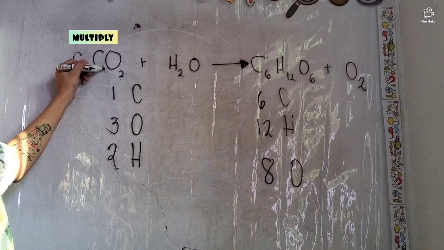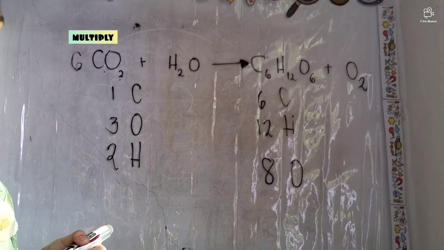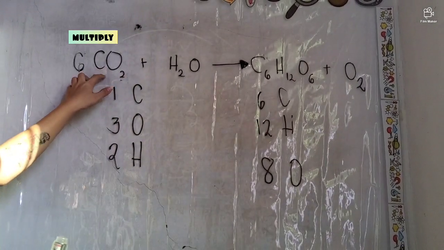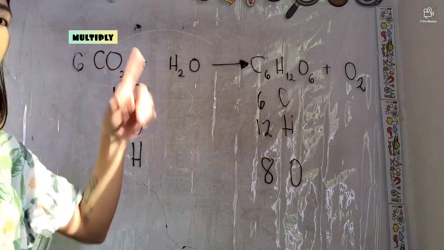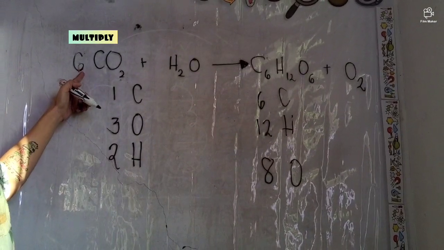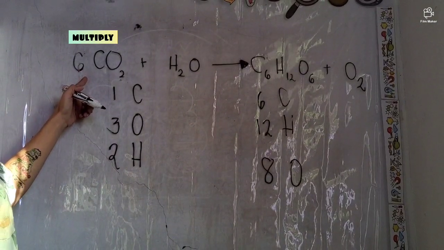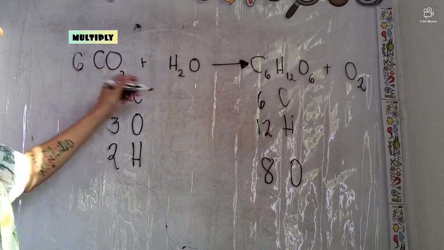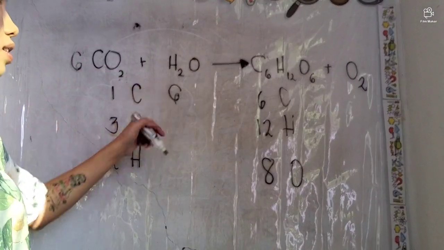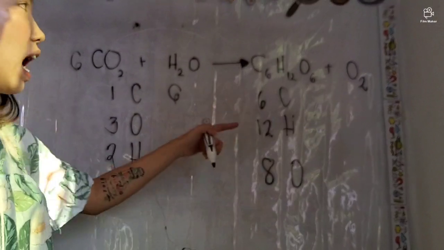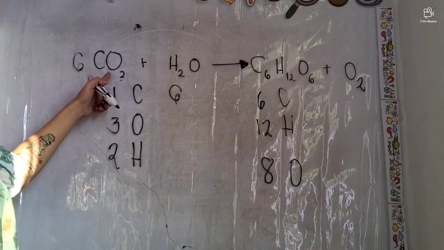Since may imaginary number 1 ka dyan, ang number 1 hindi na natin kailangan isulat because obviously, kapag wala siyang number dito sa baba, that's obviously may isang number ng carbon. So, we will multiply the whole number dito sa unahan with sa subscript. So, 6 times 1, we now have 6 carbon. So, balanse na yung carbon natin. How about may karatig siyang oxygen?